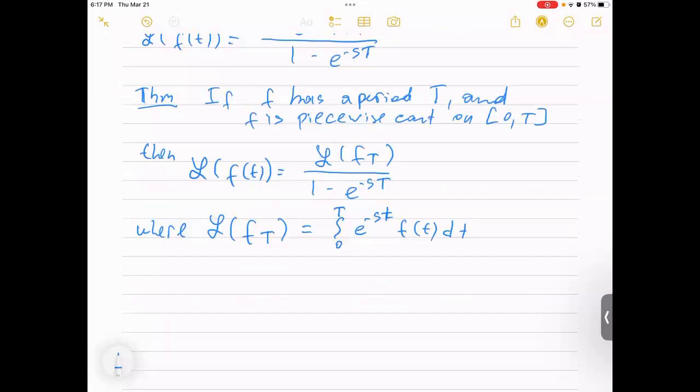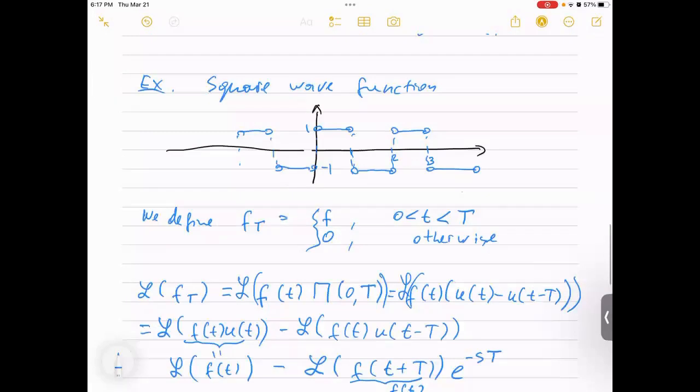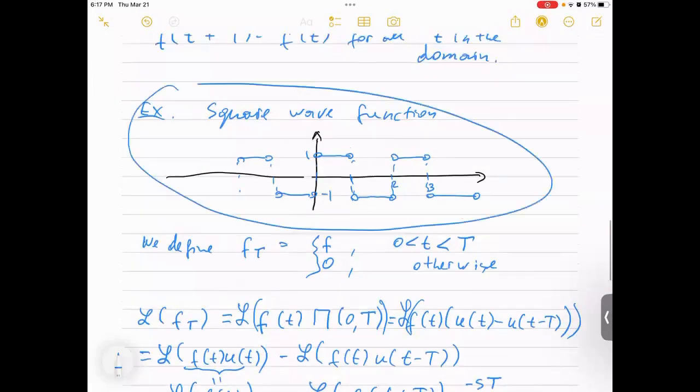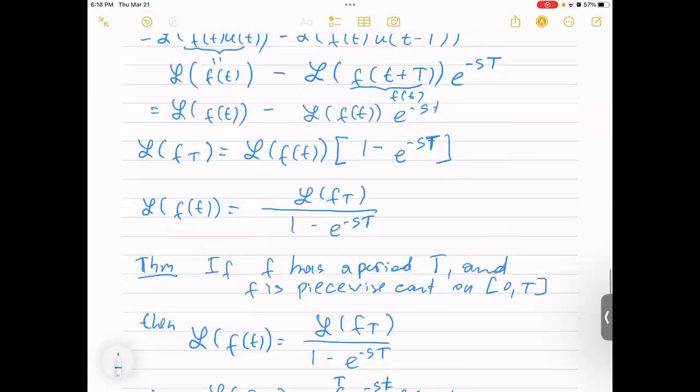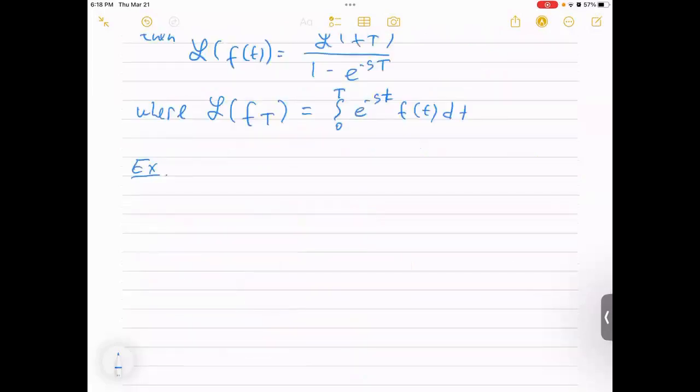So let's run an example. We'll try to find the Laplace transform of the square wave function given here. If we look at f of one period, it's going to be equal to 1 between 0 and 1, then negative 1 between 1 and 2, and after that equal to 0.